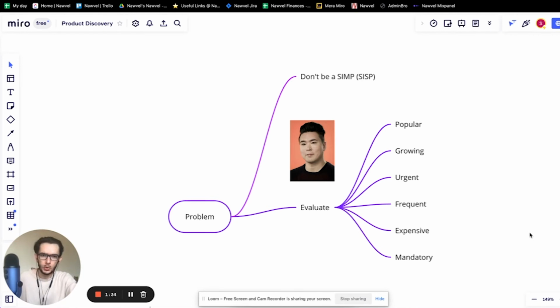Of course, you're not going to win every checklist item. You're not going to have a popular problem with a growing market, which is urgent, frequent, all that. You want to understand that you have at least some of these factors to some degree, and that's good enough to get started.